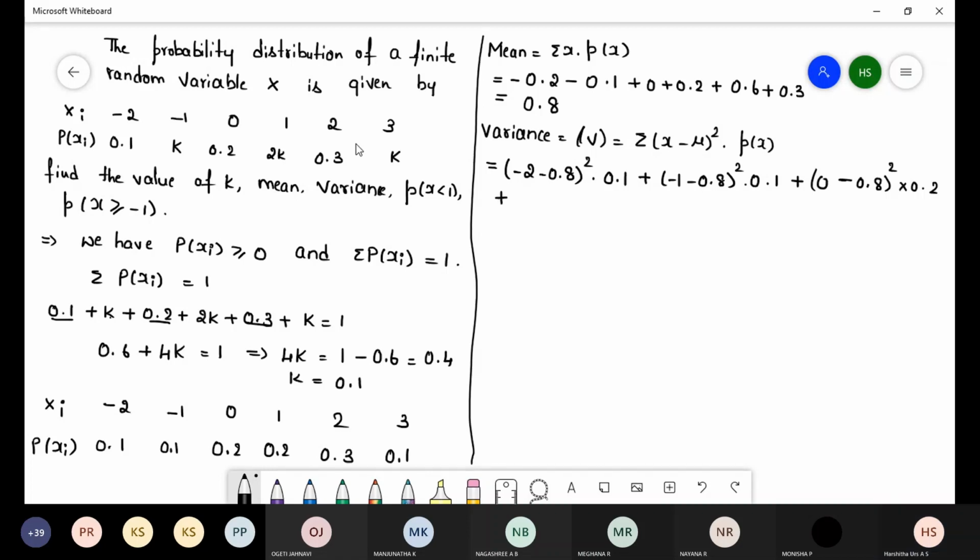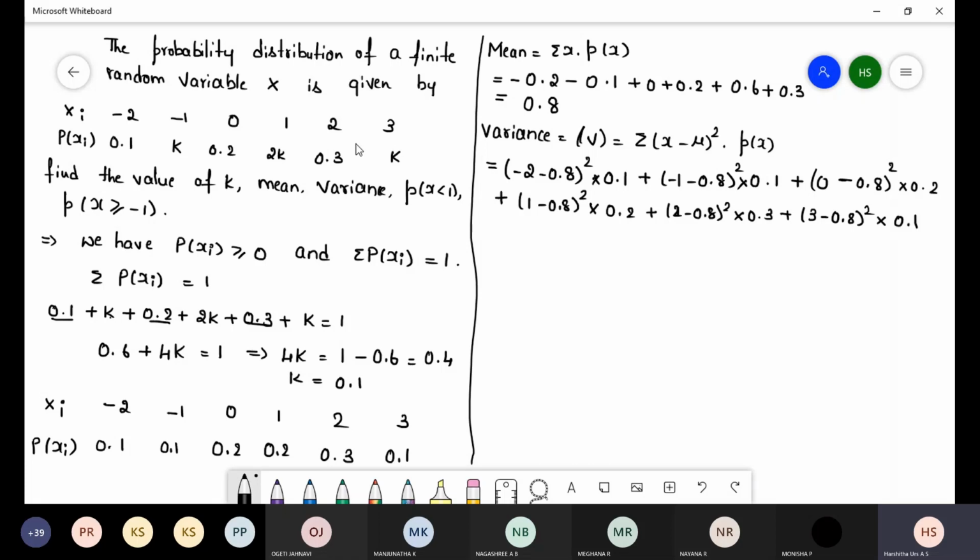Next 1 minus 0.8 whole square into 0.2. Again 2 minus 0.8 whole square into 0.3, and last, 3 minus 0.8 whole square into 0.1.